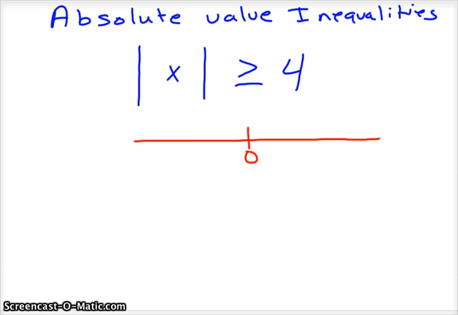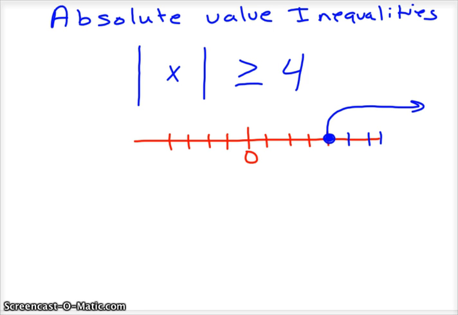Here's 0, 1, 2, 3, 4, and 1, 2, 3, 4 on the other side. So this would be all the numbers including 4. So we'd have a closed circle because we want to include 4. All the numbers more than 4, so that would be 5, 6, 7, all those.